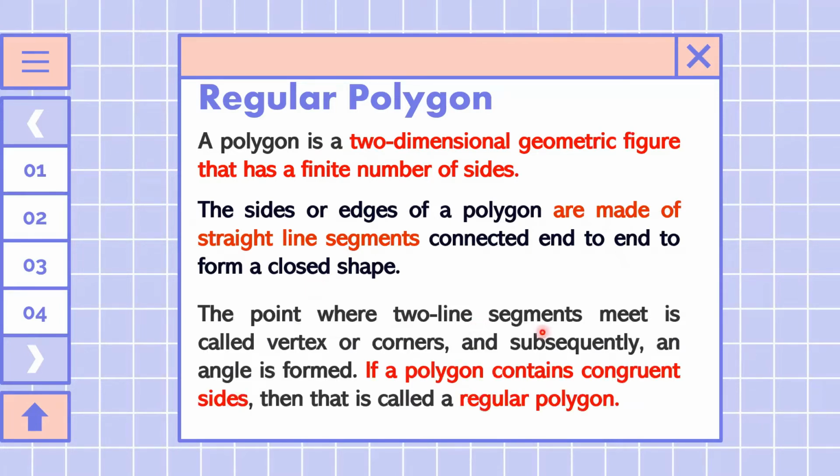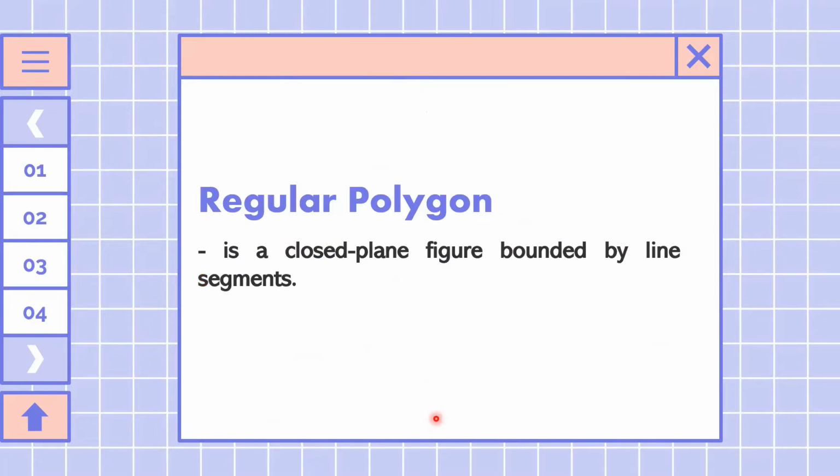So the point where the two line segments meet is called vertex or corner, and subsequently an angle is formed. If a polygon contains congruent sides, then that is called a regular polygon. So in other words, a regular polygon is a closed plane figure bounded by line segments.